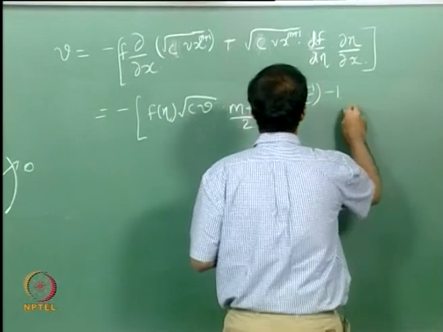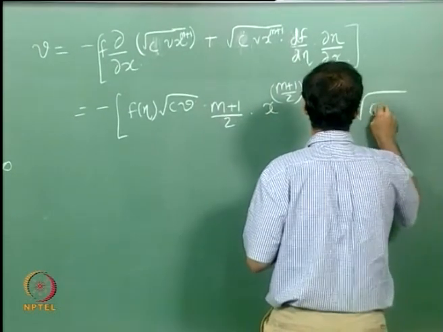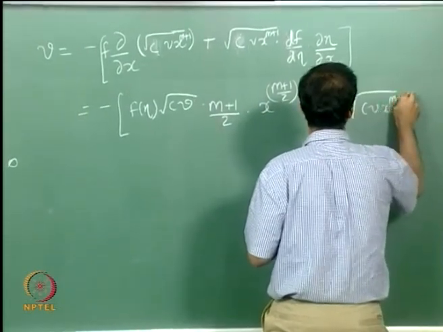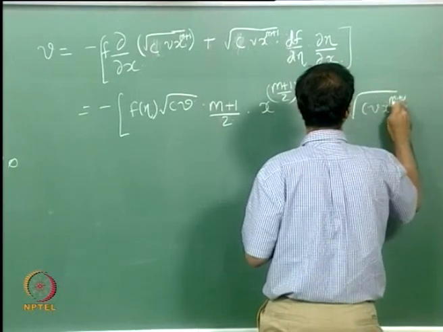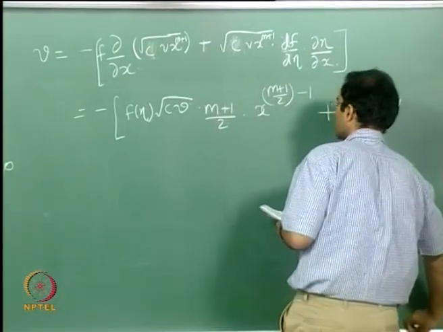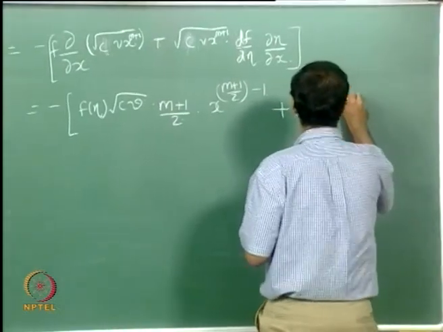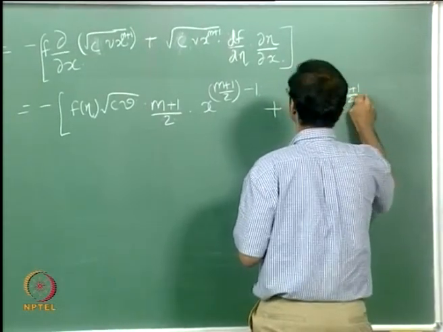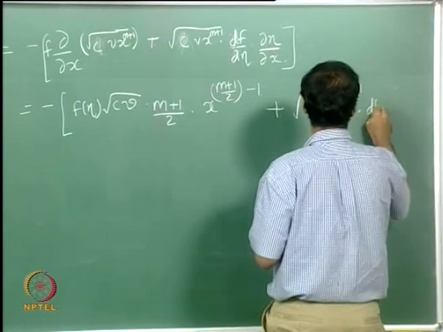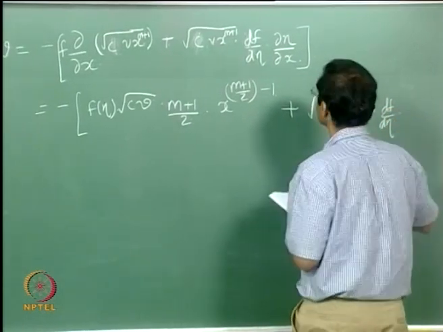Then plus you have square root of c nu x power m plus 1, so you can also write this as square root of c nu into x power m plus 1 by 2 into df by d eta into d eta by dx.